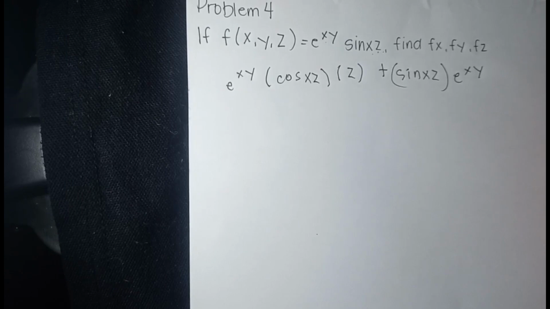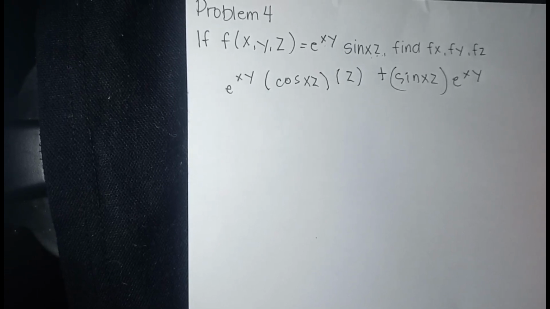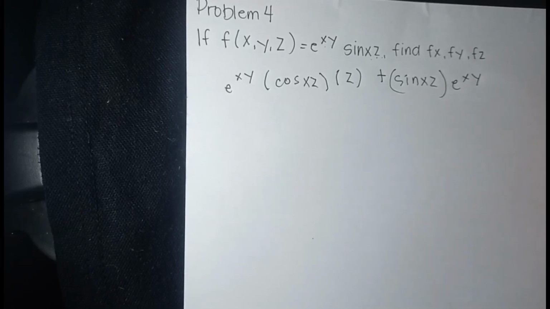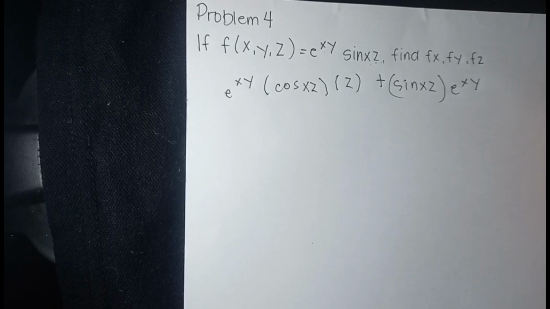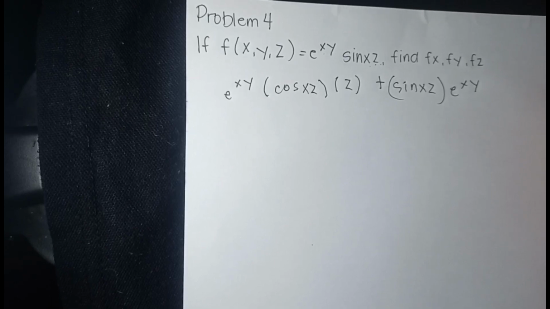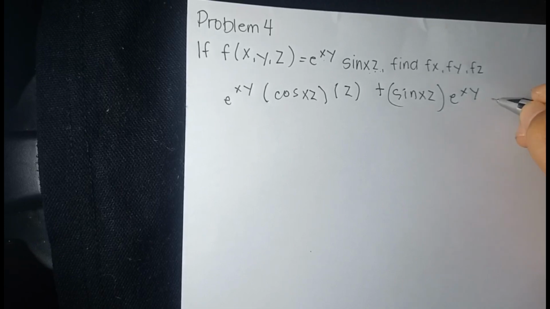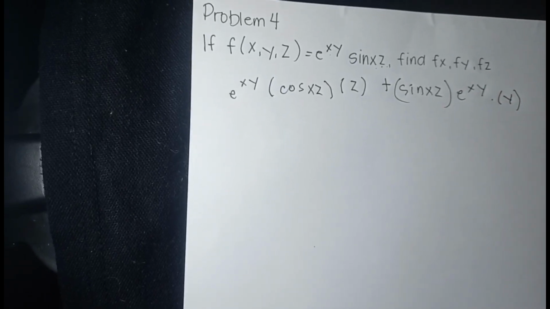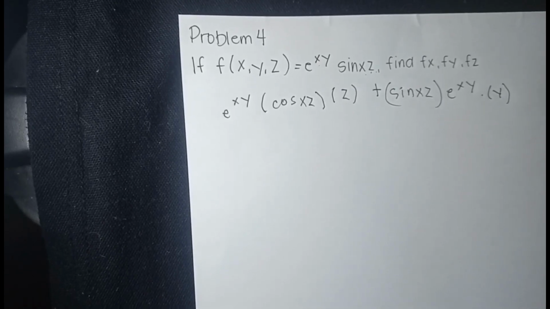If we differentiate e raised to xy, we'll just copy it, times the derivative of the exponent xy, so we use the chain rule. It is the derivative of xy, so since y is a constant, we will put it aside, times the derivative of x, which is 1. So we put the y. So we'll just simplify it further.